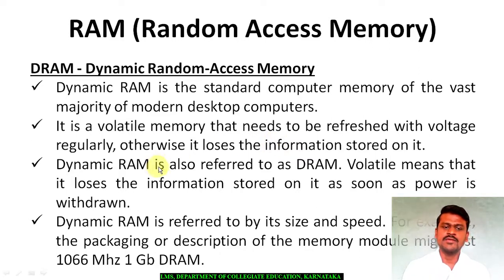Next, dynamic RAM is also referred to as DRAM. Volatile means that it loses the information stored on it as soon as the power is withdrawn. ಎಲ್ಲಿವರೆಗೂ ಪವರ್ ಇರುತ್ತಲ್ಲ ಕಂಪ್ಯೂಟರ್ಗೆ ಅಥವಾ ಸಿ ಪಿ ಯುಗೆ this memory holds the information, else it will be erased.